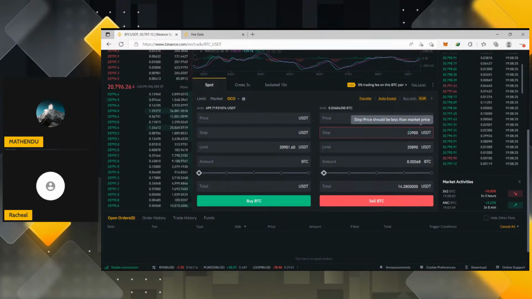Hold on. The stop price should be less than the market price. Okay.